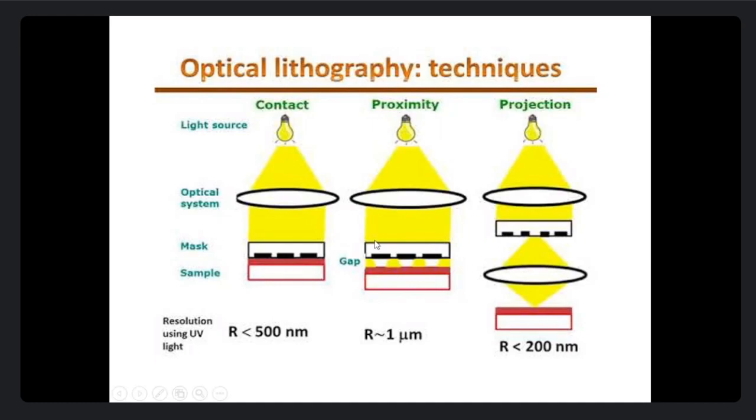So if lambda is smaller, because ultimately the minimum dimension that you can print on this wafer mainly depends on the product of the gap and the wavelength that you are using, either you can reduce the gap, or you can reduce the wavelength.